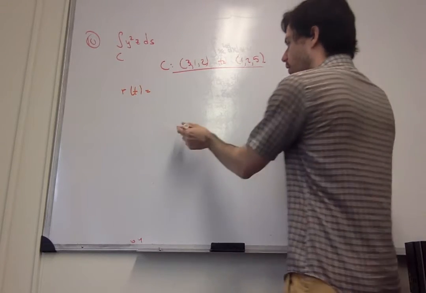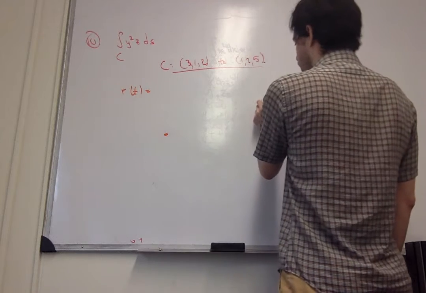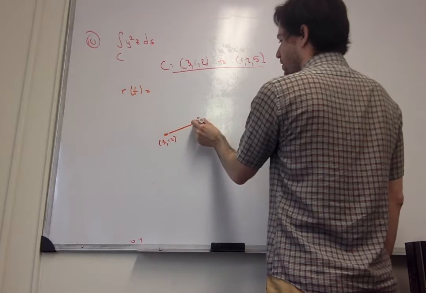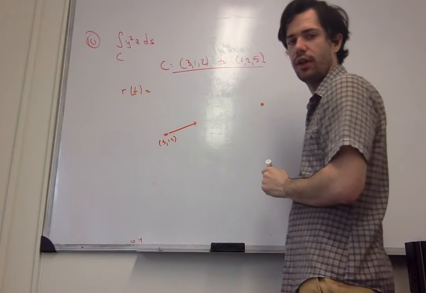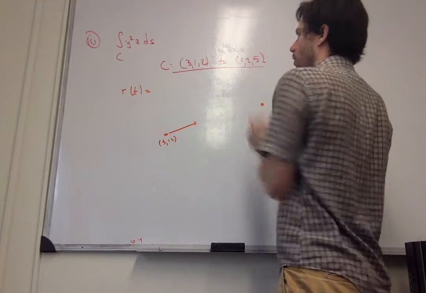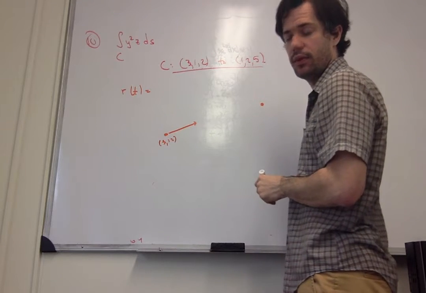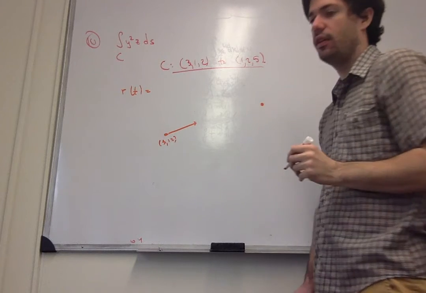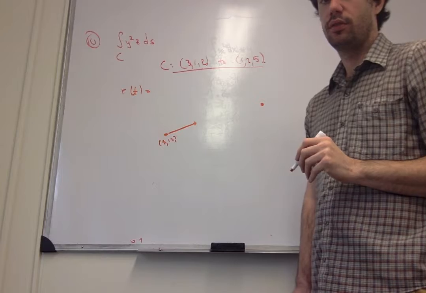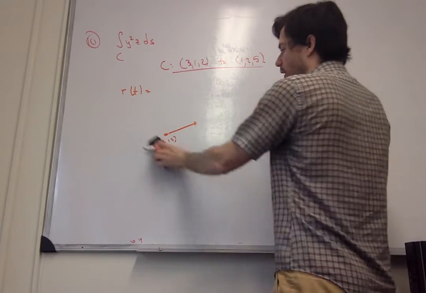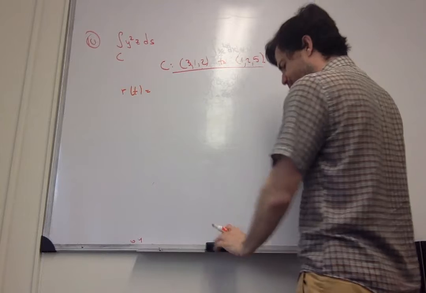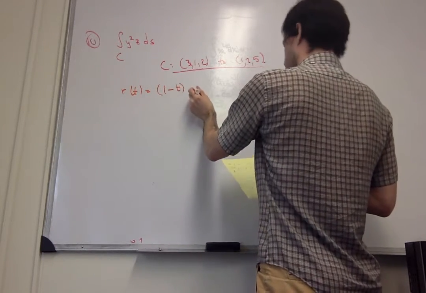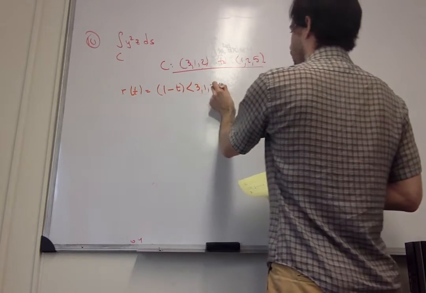You can start at that point, (3, 1, 2), and then take a direction vector. How do you get the direction vector? You take the difference between them, and then you add until you get to the final point. You can do that, but the way the book does it is like so.